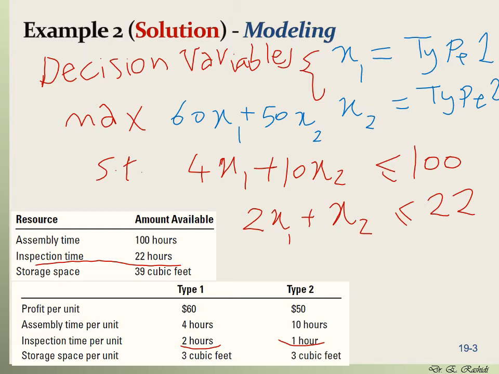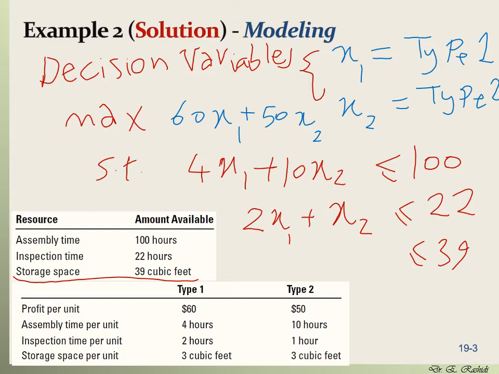The next constraint or limitation is the storage space. They have a total of 39 cubic feet of storage space. So the amount of storage required for the quantity that they produce for x1 and x2 on the left side should not exceed 39 cubic feet.